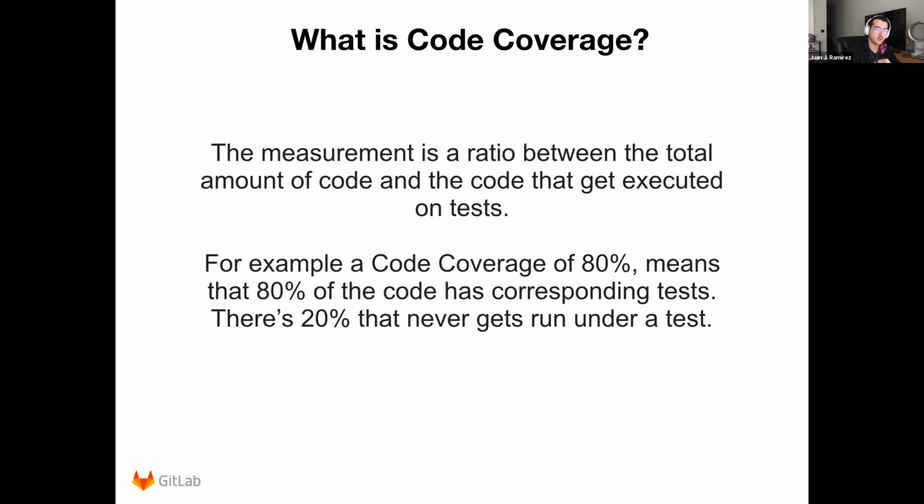So it's a very useful measurement because it allows them to understand whether their tests are good enough to prevent bugs or regressions, or whether they need to improve their tests. Maybe they have a lot of code coverage, but not the right tests, or the code is not being tested in the right way. It allows them to see many angles of the quality of their code. So it's just a percentage, but it has a lot of meaning for developers.